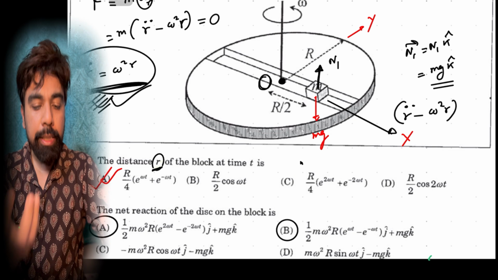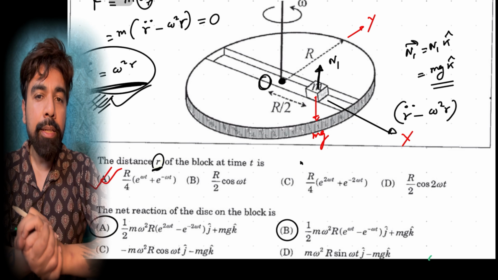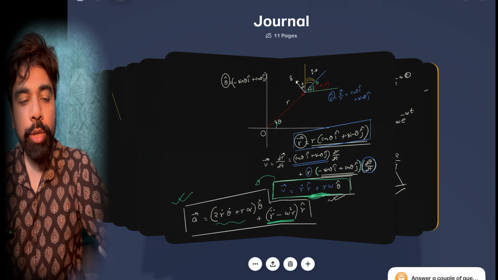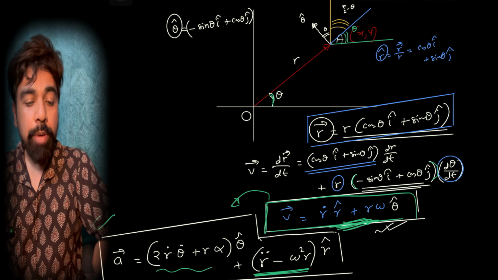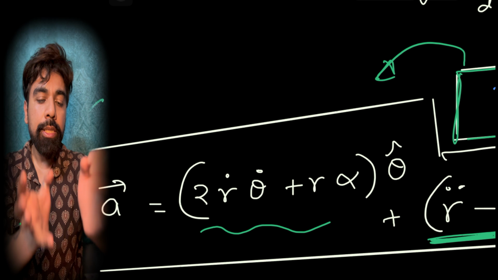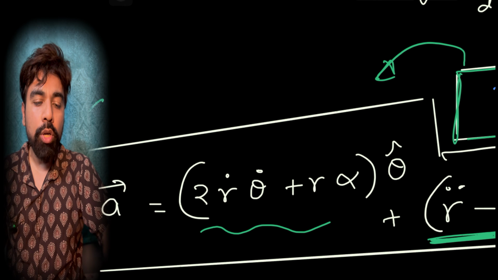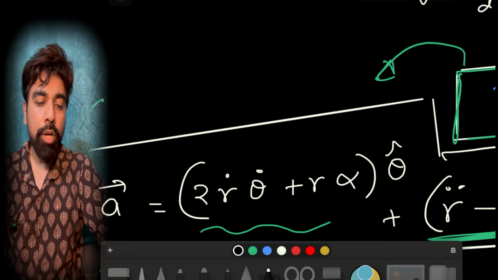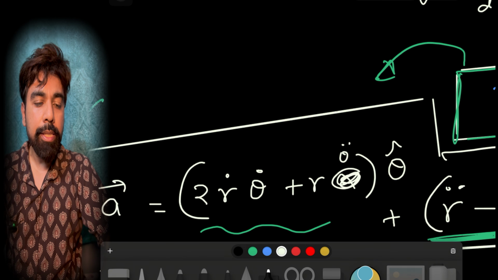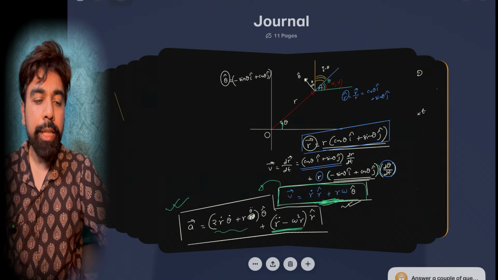Now how to get the other part, because there has to be some other reaction force. Remember that when we were deriving this theory, I was asking you to memorize this acceleration. Along the tangent there is this acceleration 2 r dot theta dot plus r alpha, where alpha is theta double dot, the double derivative of theta.